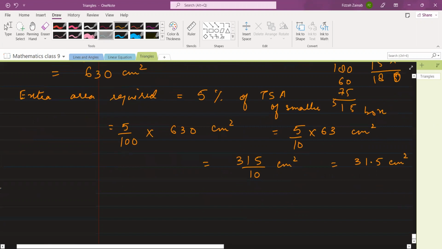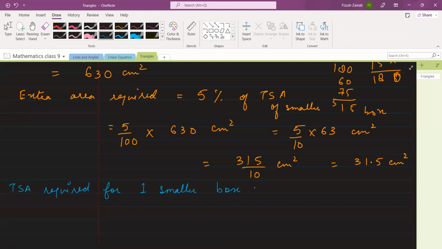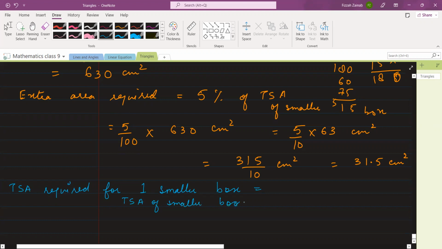Okay. So total surface area required for one smaller box will be equal to TSA of smaller box plus extra area required.